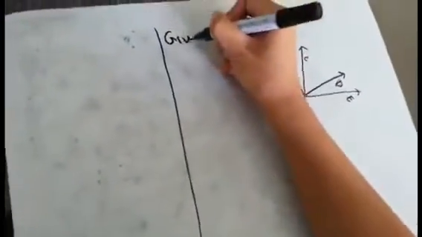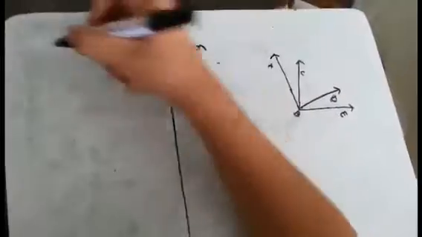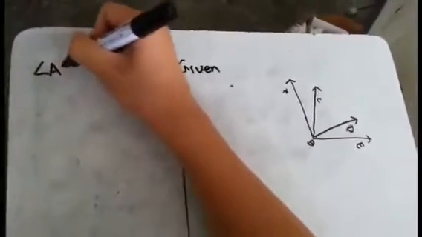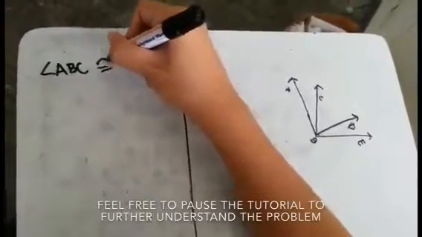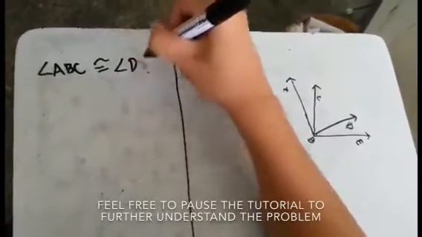Hi, I'm Brian, and I'm gonna solve Fonz's problem. We start with the given, which is angle ABC is congruent to angle DBE.